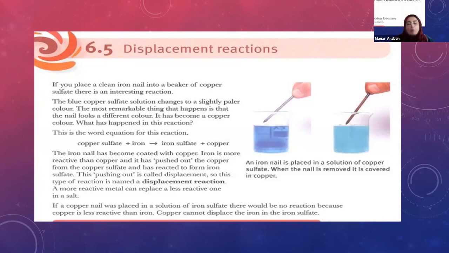Element, like iron, sulfur, oxygen. When I say element, I mean this element is made of one type of atom.